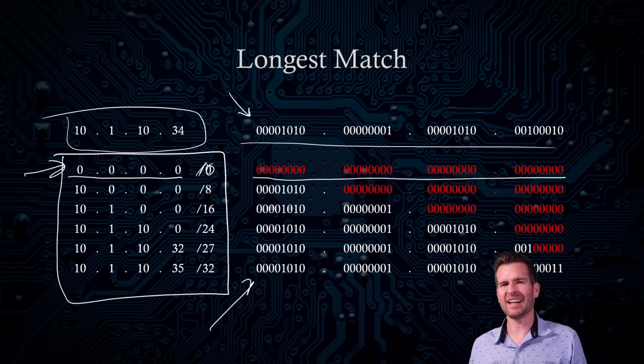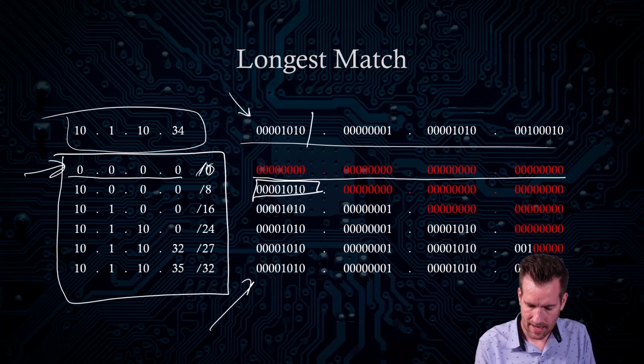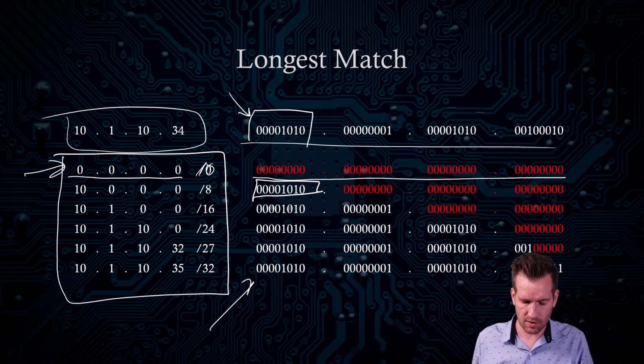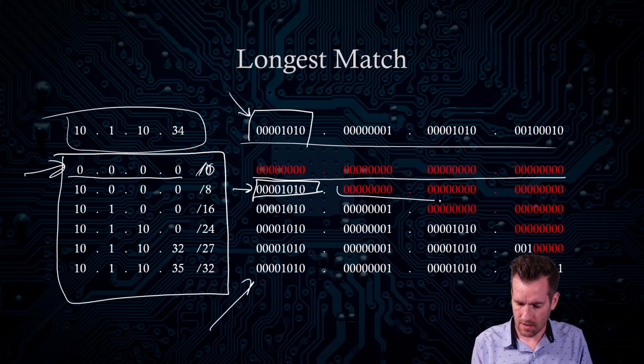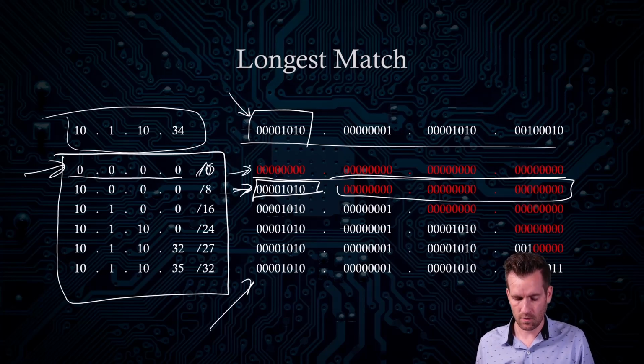But do we really want to send it on its default route? Well, probably not. So this one right here matches up with this right here. This would actually be a better route to go because we've got more matching bits. Remember, these don't matter, so this would be a better route than the default route would be.